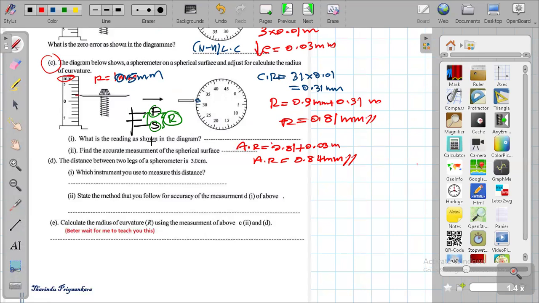Now copy this. Now the distance between two legs is 3.0 centimeter. Which instrument do you use to measure this distance? You can write vernier caliper, no problem. State the method that you follow for accuracy of the measurement above.